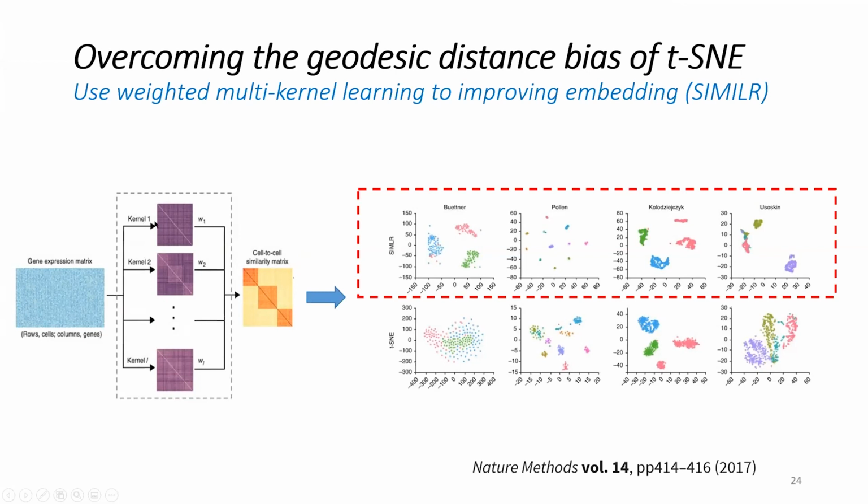Each kernel can be, okay, my favorite pathway as a bridge to define this cell-to-cell similarity, or maybe using only disease-specific, cell type-specific genes. You can build these kernels and use weights to build this similarity matrix, and then you do embedding, and the result is going to be improved from the pure, straightforward t-SNE. This is something that people usually don't do unless you work with a great informatician.